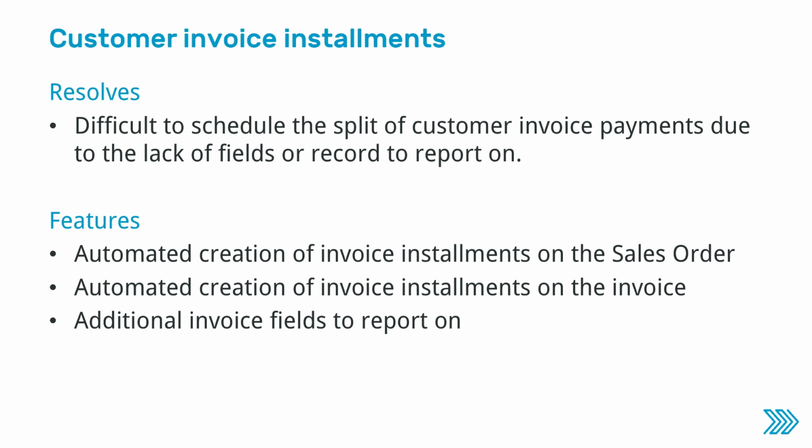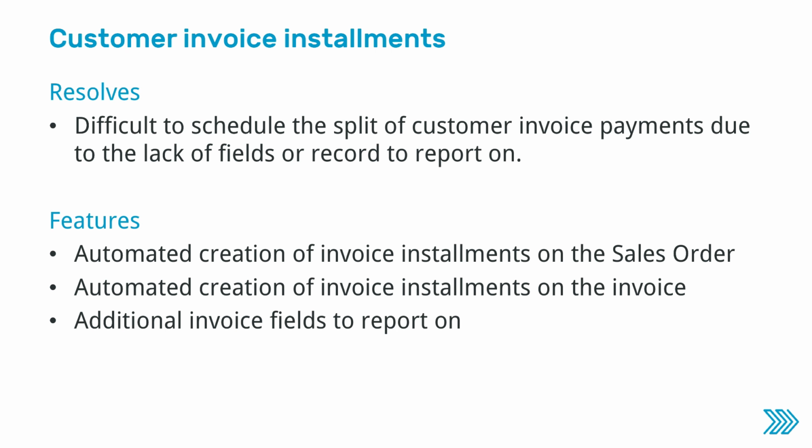What I mean is if you want to split an invoice with different payment terms within this invoice, it's not possible today. So with the new feature, it's really easy to automate the creation of invoice installments from the sales order and then copy them to the invoice.